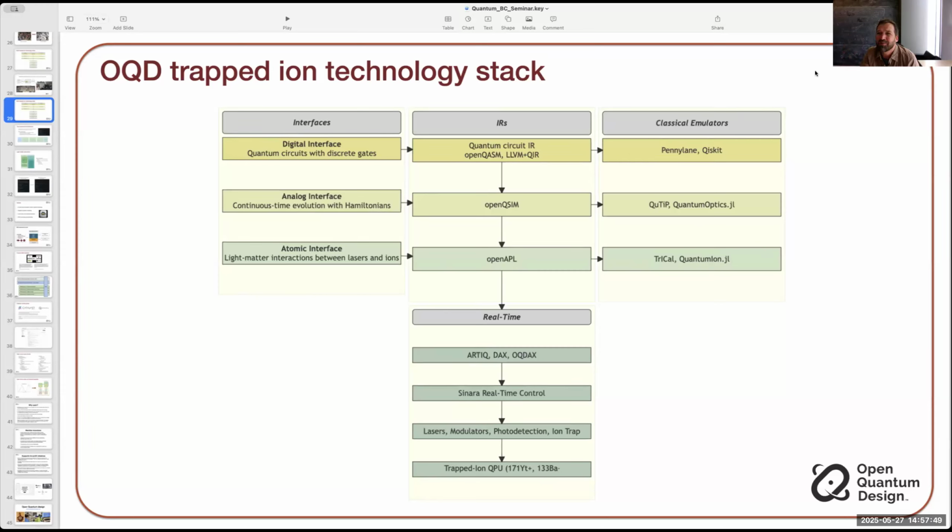What's the rough time scale for open sourcing more repositories? We're doing it basically as fast as we can. So the blade trap assembly I would love to get out next week or in a few weeks. It's the CAD file. You can just take that CAD file and look at how you machine all these things.